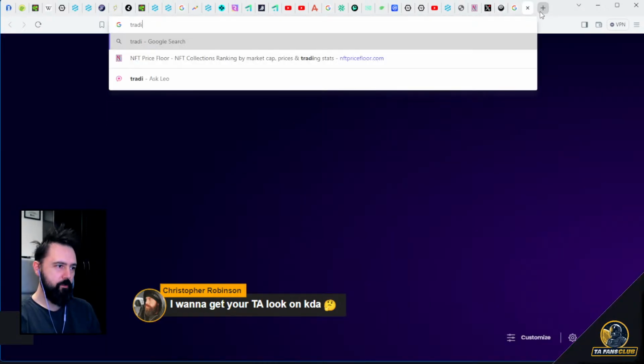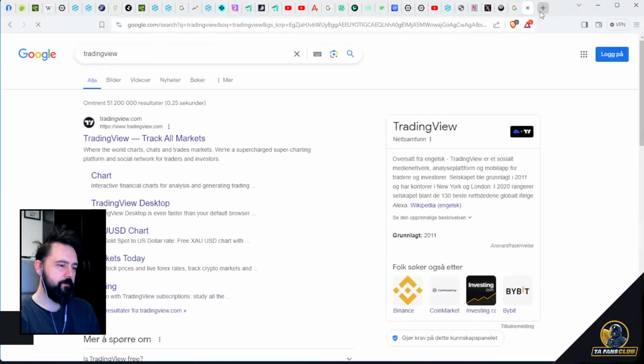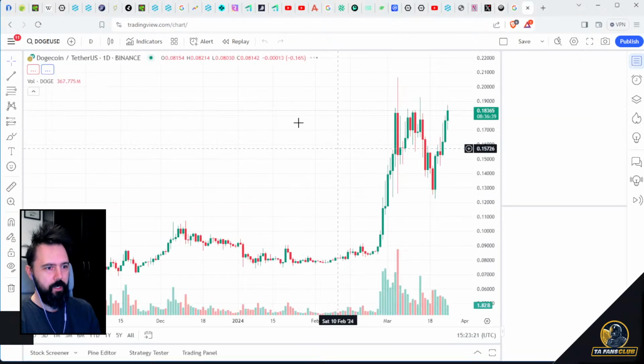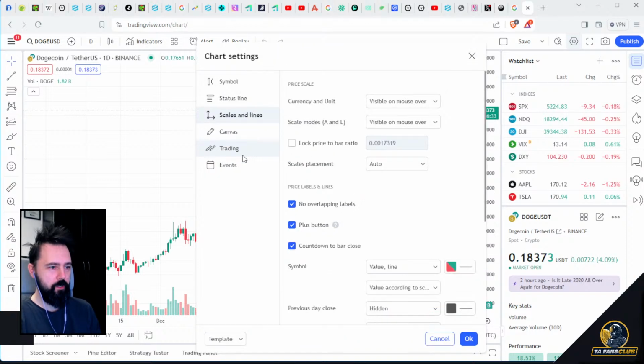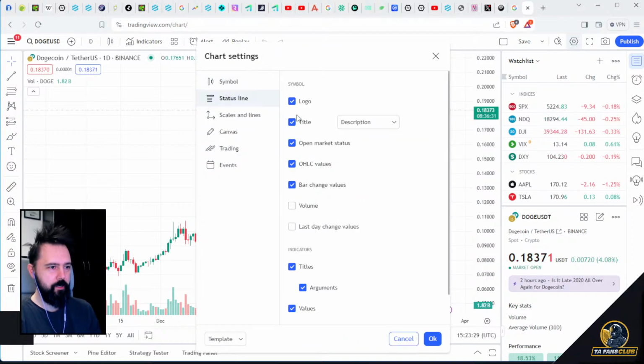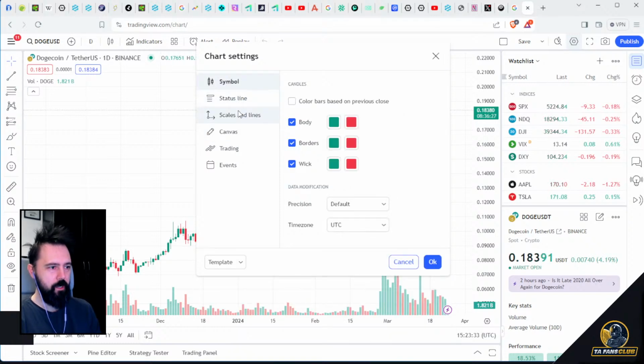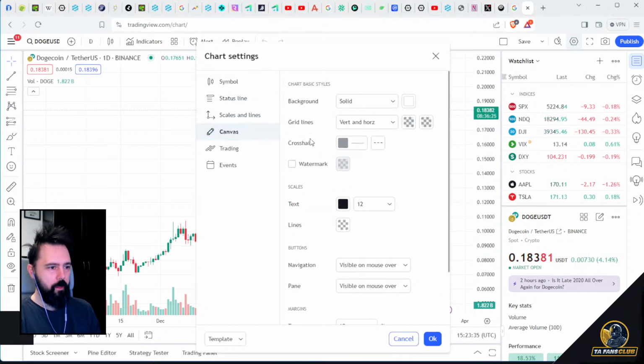You go to TradingView, and you go to charts and settings and you remove the, where is it? See this here, grid lines?